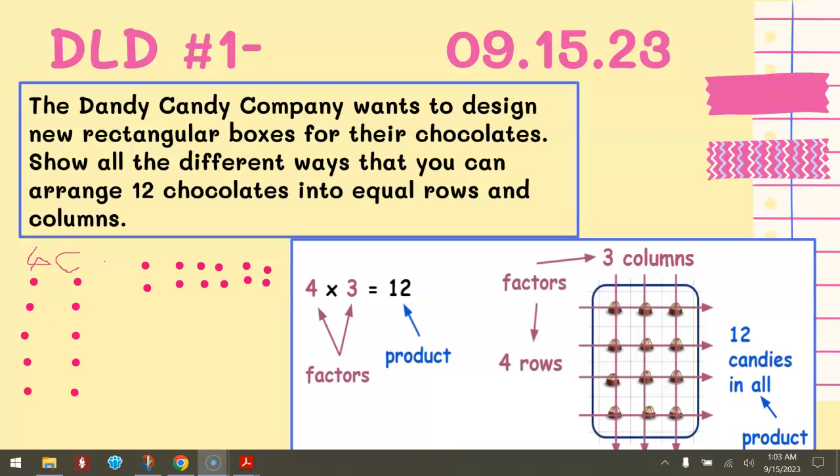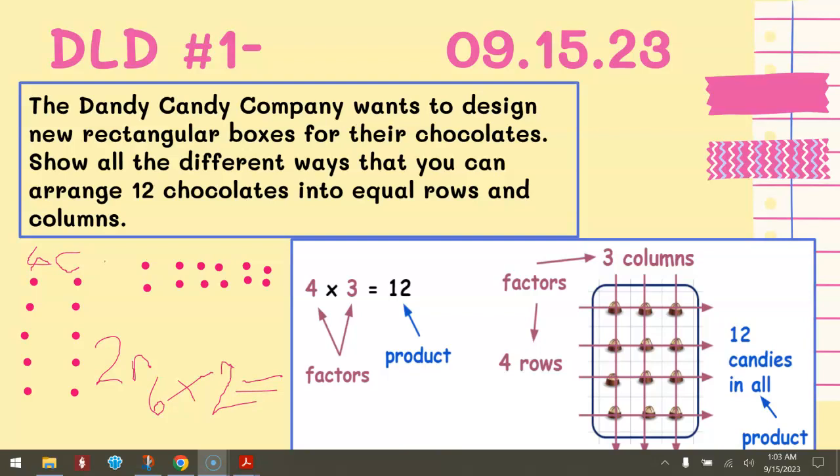And there are 2 in each row. And if we were to write that as a multiplication problem, it would be 6 times 2 equals. All right. Do you all see that?